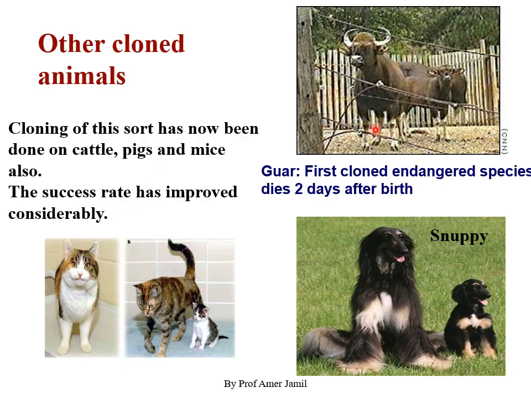These are the first endangered species, and these are the dogs, these are the cats, and you can find many other examples of the cloned animals, which are animal species which are quite rare or which have a very good demand, that can be cloned to make multiple copies of that particular animal.